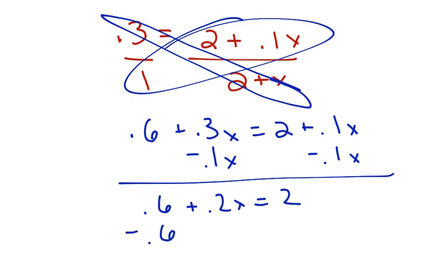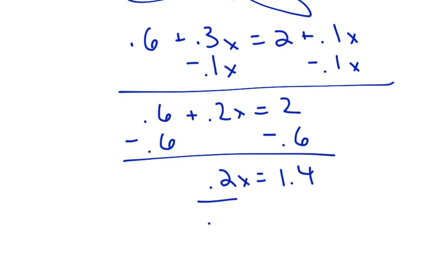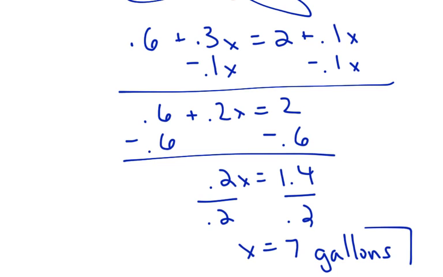And then I'm going to subtract 0.6 from both sides, and I'm going to get 0.2x is equal to 1.4. And then I'm going to divide by 0.2, and I find out that x is equal to 7 gallons. So I need to add 7 gallons of the 10% drink in order to make a drink whose concentration is 30% juice.